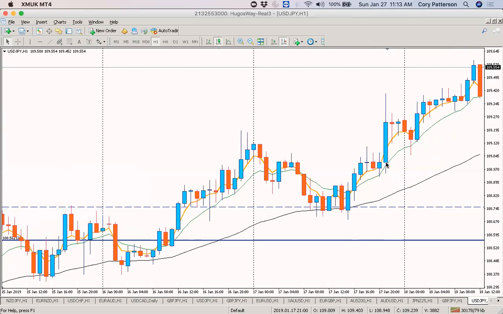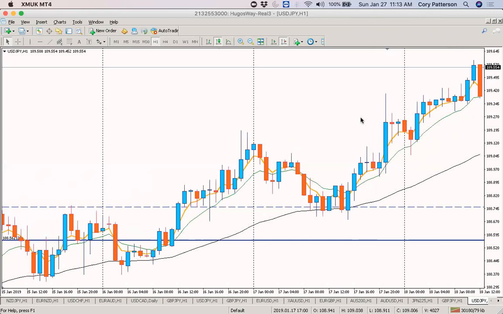So it opened up here, it went all the way up here, it went down here at some point within that hour. It likely opened up, then went down, came back up, pushed all the way up here and came back down.